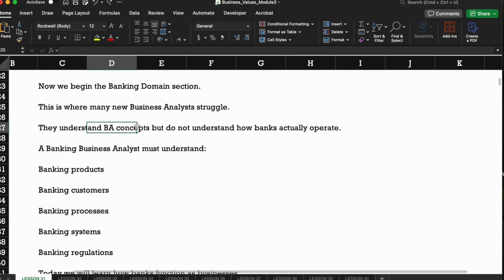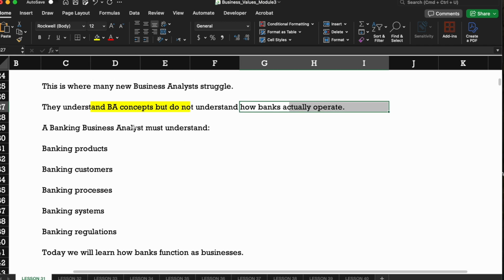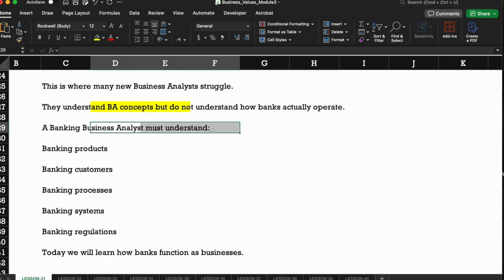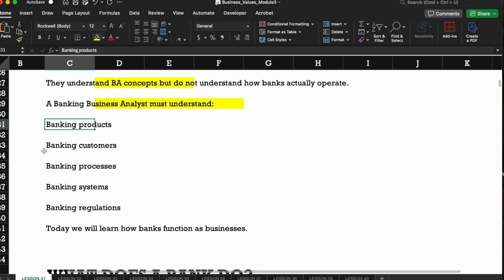They understand BA concepts, so anyone can write user stories and create BRDs, but do not understand how banks actually operate. A banking business analyst must understand banking products. For any application you are going to start, first you must understand the application very well, and what the features and functionality are.